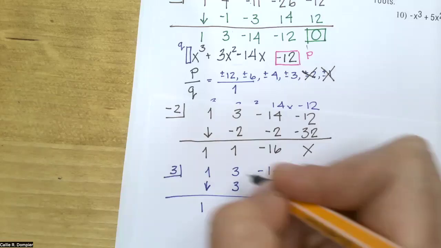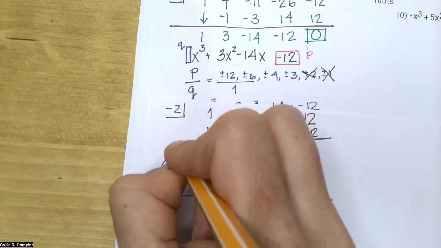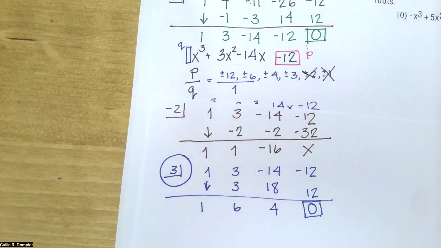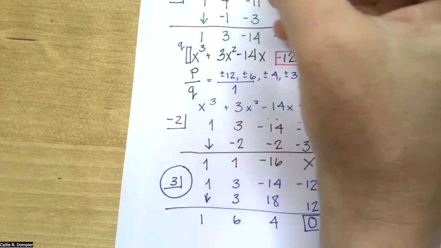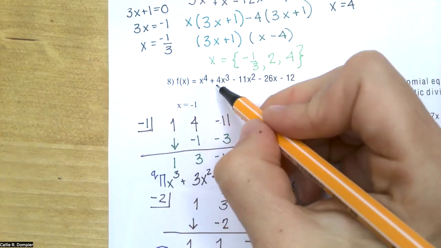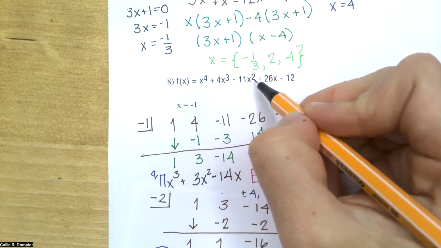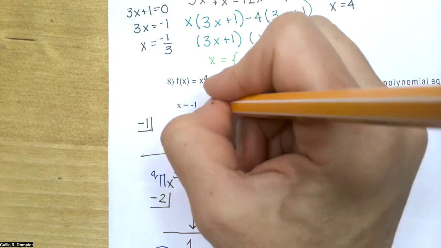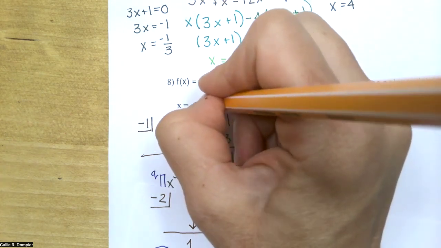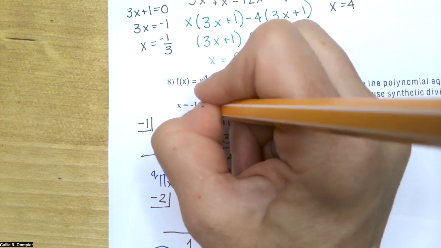So we can say that 3 is a 0 of x to the fourth plus 4x cubed minus 11x squared minus 26x minus 12. So it's x equals -1, x equals 3.